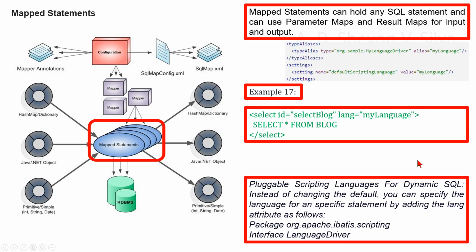Once you have a custom language driver, you can set it to be the default by configuring it in the mybatis-config.xml file. Instead of changing the default, you can specify the language for a specific statement by adding the lang attribute as follows.